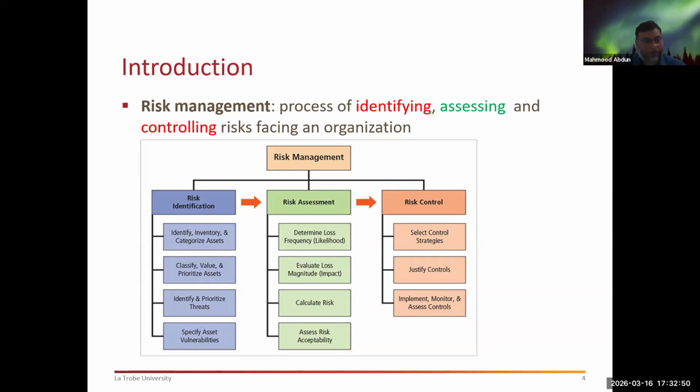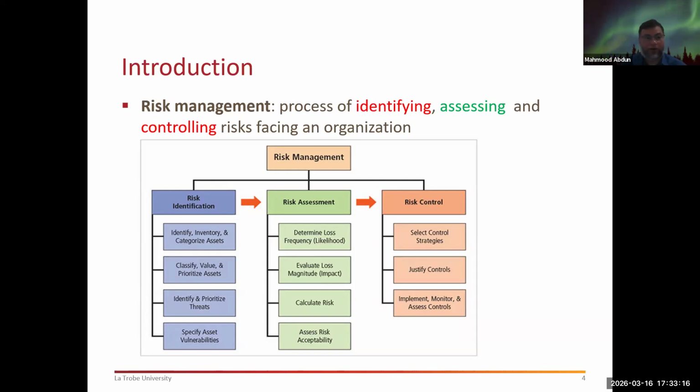For the risk identification phase, you have a number of distinct steps, including inventory of assets, classification of those assets in terms of their values, identifying and prioritizing threats to those assets, and specifying specific asset vulnerabilities. And this is all moved to the next one.